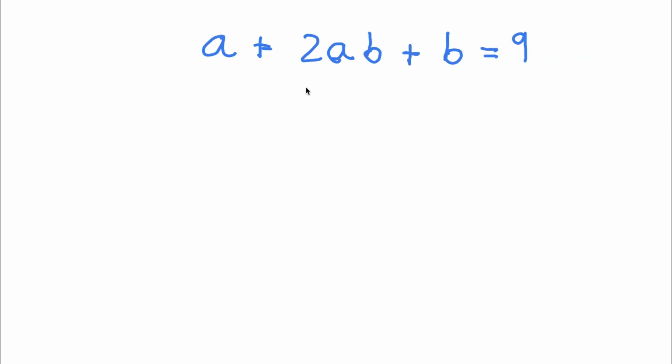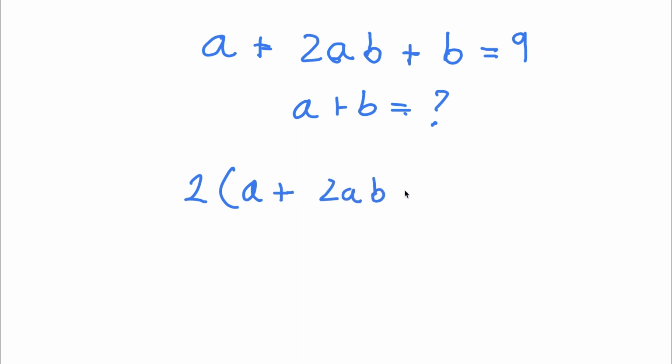Alright, so in this problem, I have a plus 2ab plus b equals 9, and I want to find the value of a plus b. So to solve this problem, I'm going to first go ahead and multiply both sides by 2. So now I have 2 times a plus 2ab plus b is equal to 9 times 2.